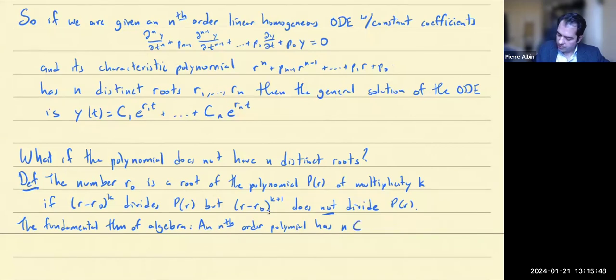It has n complex roots, counted with multiplicity. So if you write down a polynomial with complex coefficients, then if it's nth order, it has n roots in the complex numbers. They might not be distinct. You might not have n distinct numbers to solve it, but if you count them with multiplicity, then there are exactly n.